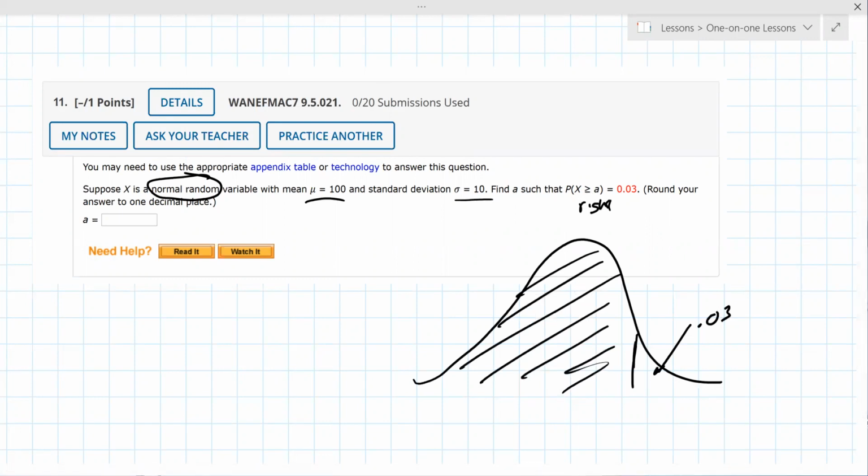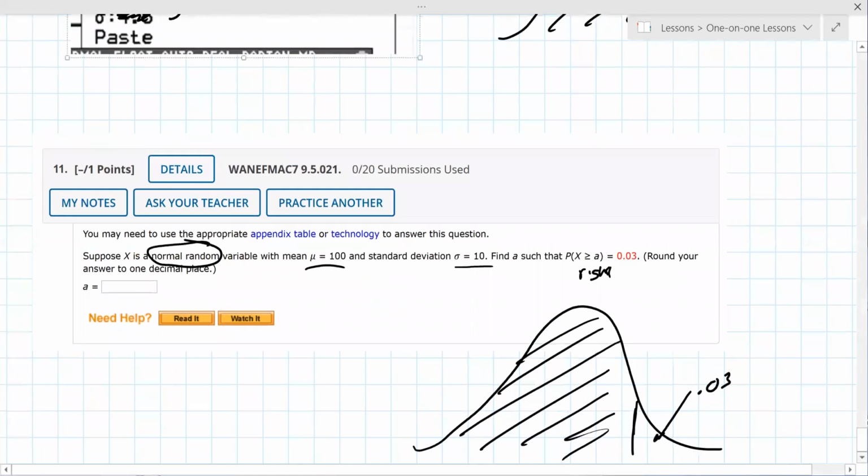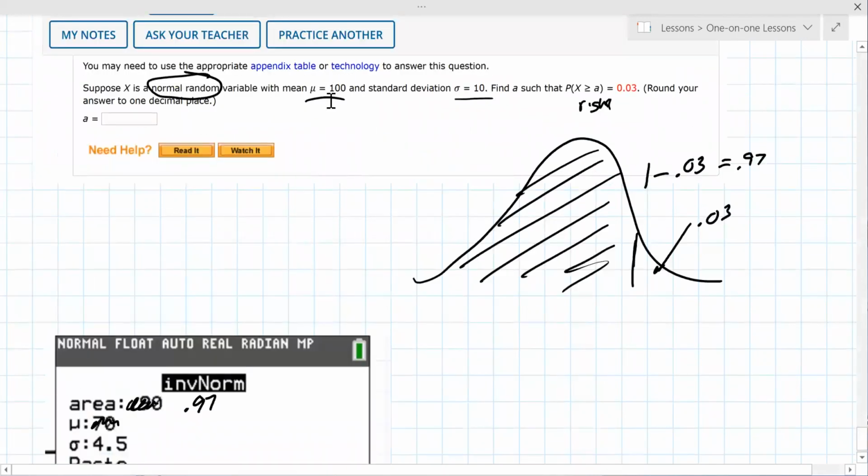That's why I keep emphasizing this, because if you put 0.03 in, you'll get a number that just doesn't work. It'll be completely wrong. So you have to realize that the area here is 1 minus 0.03. That's your area, 0.97. Your mu in this problem is 100, and your sigma is 10.